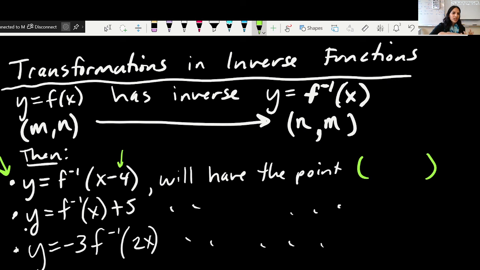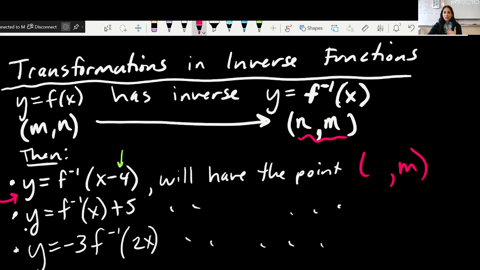The y value in the original was n, but what is it on the inverse graph? I'm going to get rid of that arrow because I feel like that didn't help. Let's look at this as our inverse. So if we want to do this to get our inverse point, do you see that the y value would be m?